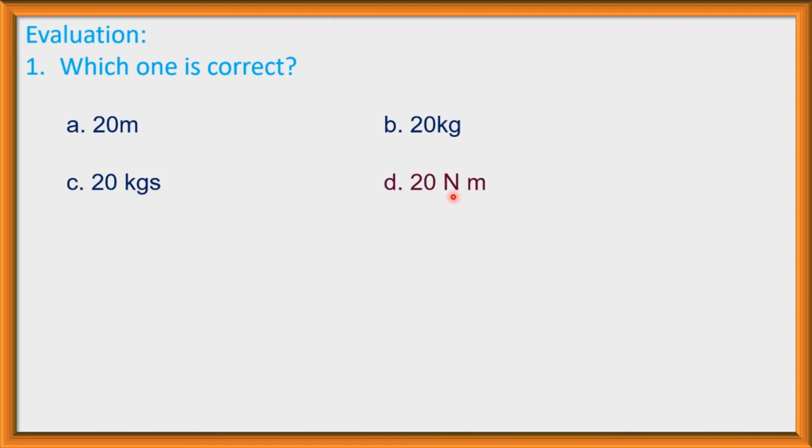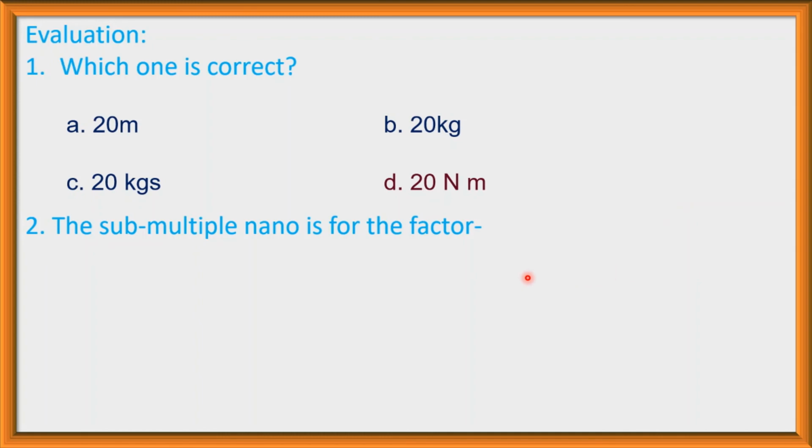Here 20 Newton meter is correct. 20meter is not correct because there is no space between 20 and meter. Here there is a space between 20 and kg, but kgs is in plural form, so it is wrong. We know the symbol of a unit will always be in singular form. And here, 20 space Newton space meter, this is the right form.